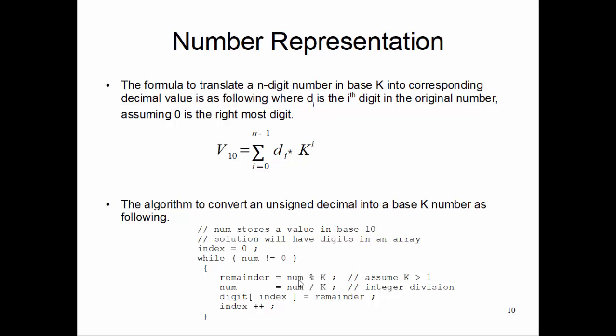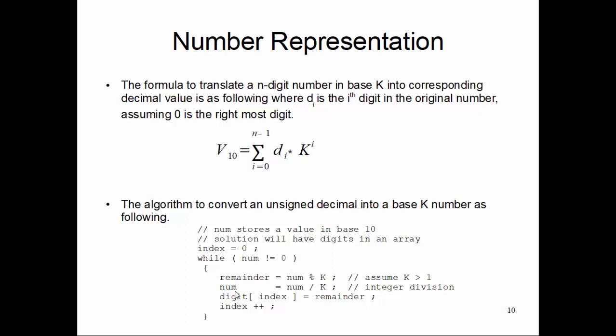This modulus operation gives you the remainder of the division, and we store that in a remainder variable, and then reduce the number to the quotient of the division operation with k. So we compute the remainder with respect to k for that number, and reduce the number to the quotient.